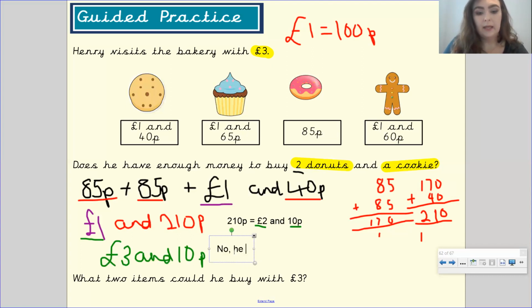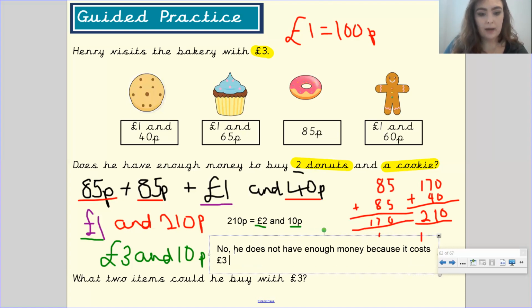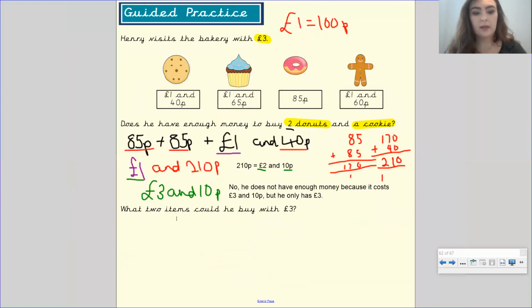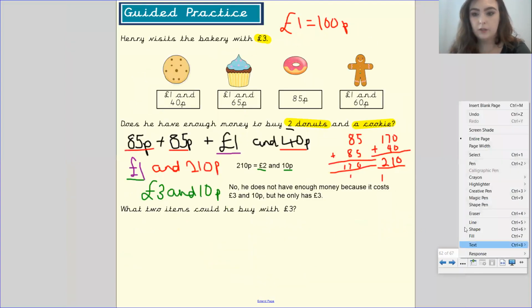He does not have enough money because it costs £3 and 10 pence, but he only has £3. Okay, now let's have a go at the next question.